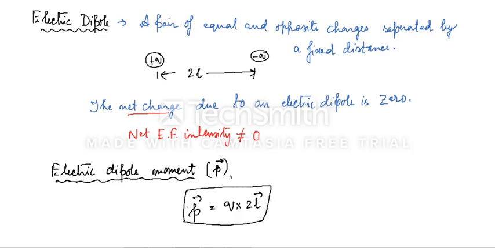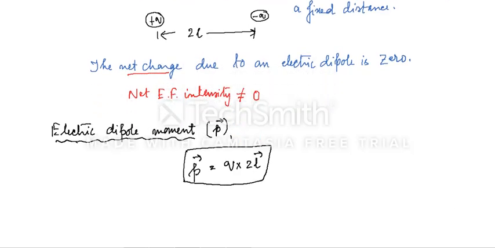Both the charges have equal magnitude, so we can take any magnitude out of them. And the SI unit of electric dipole moment will be given by Coulomb meter.